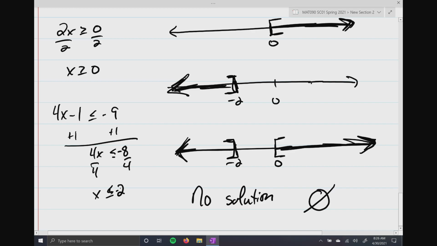Now, you could write the words no solution, or you could write this symbol right here. It's a circle with a big slash through it. And what that stands for is what we call the empty set. The empty set is like, think of a room where there is nothing in the room. Nothing whatsoever.